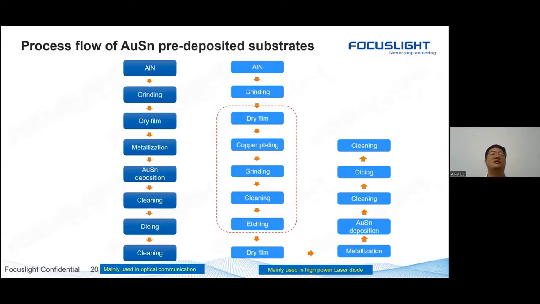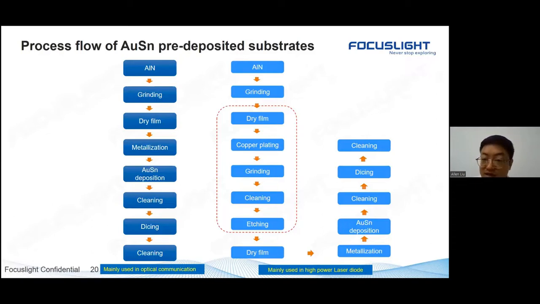These are two kinds of process flow for different substrates. The first one is mainly used for optic combination, and the second one is for high power laser diodes.